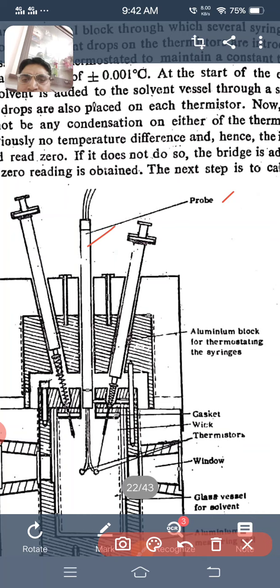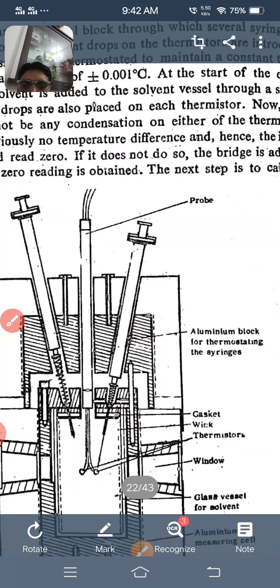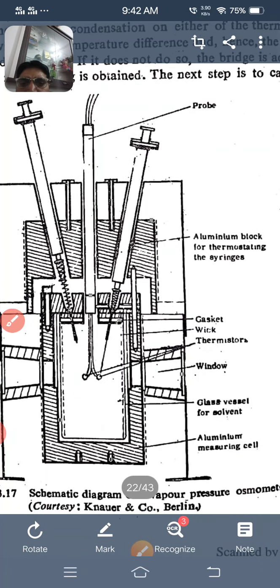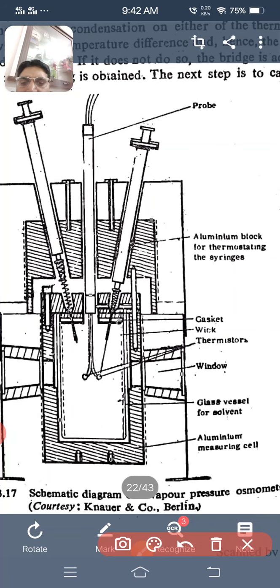This is the probe, and this is the aluminum block, and here is a gas kit, thermostat, wick, and this is the window.